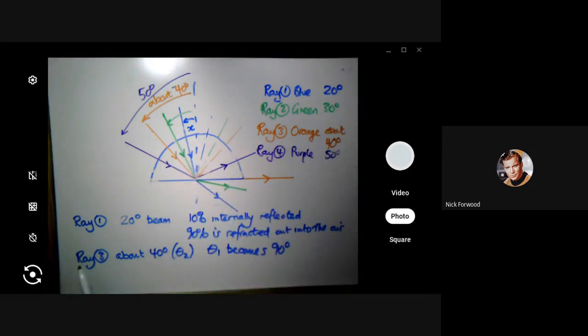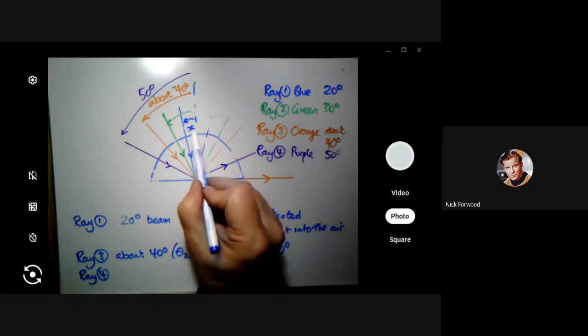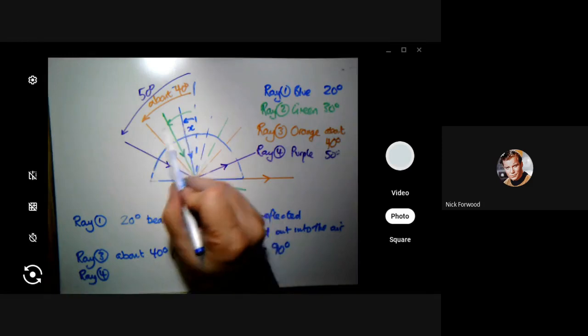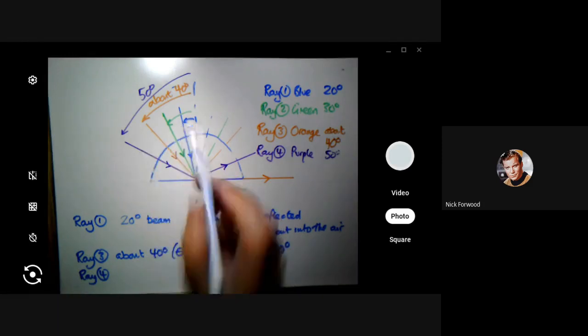So I'm going to jump now to ray 4. I've missed ray 2, doesn't matter. Ray 4. The angle inside, remember, this is theta 2 inside.